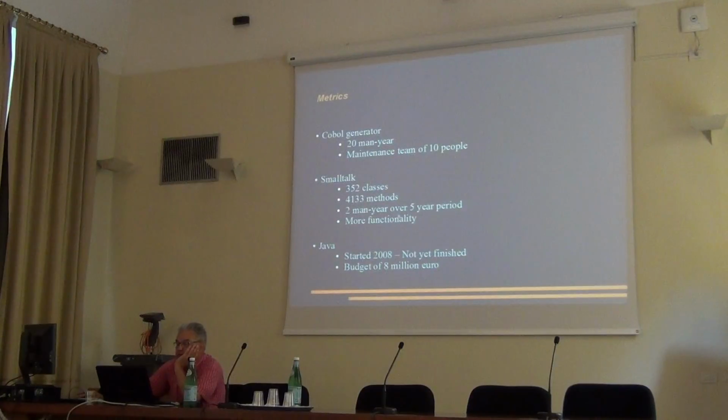The Smalltalk implementation, I talked a bit about it, has 352 classes, but most of those are automated classes that are basic entities, so the total is much less than that. I basically spent probably 2 years over a 5-year period to write it. It contains more functionality, because the people doing the COBOL generation never managed to finish the application completely because it was too complicated.